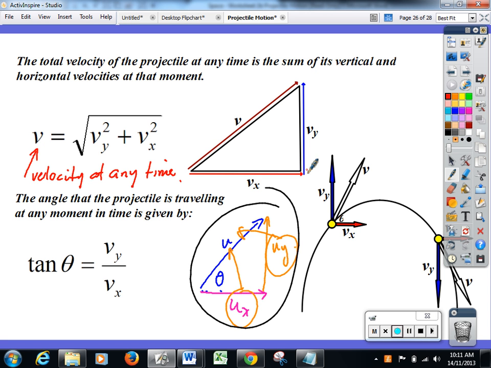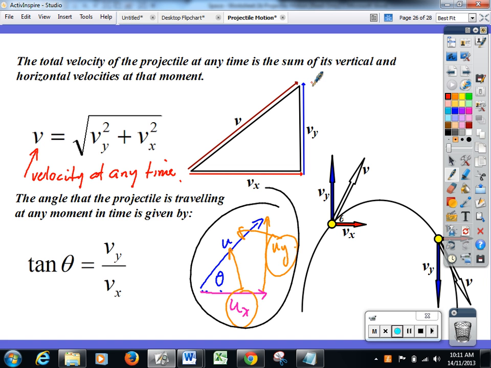It's moving sideways as well as moving up. So to put it back together to find out what is my total velocity, I just use Pythagoras. And to find the hypotenuse of a right angled triangle, you simply square both of its sides and then add them together and square root, don't you? So this is what we're doing here. We're finding V as the hypotenuse of a right angled triangle by squaring the other two sides and then taking the square root. Are we okay with that?